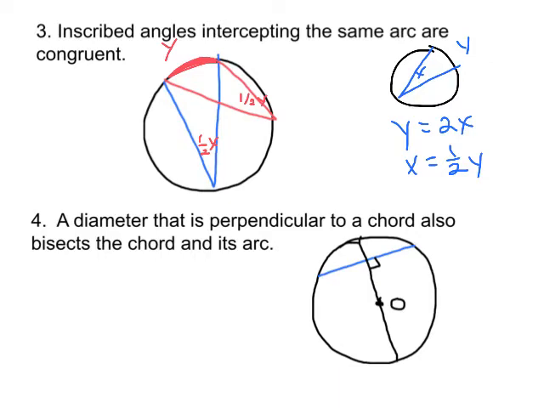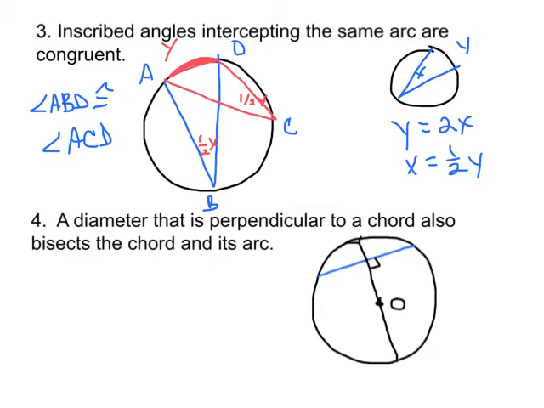So if I want to label these things A, B, C, and D, I can say because they both intercept arc AD, I can say that angle ABD is congruent to angle ACD.